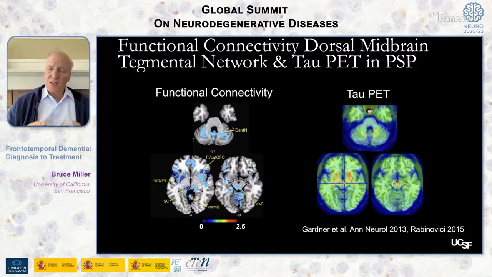So I think as we get a better tau PET biomarker than the ones that we have now, we will really be able to show whether or not a therapy is slowing the progression of a PSP tauopathy.